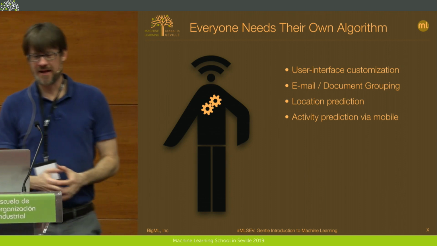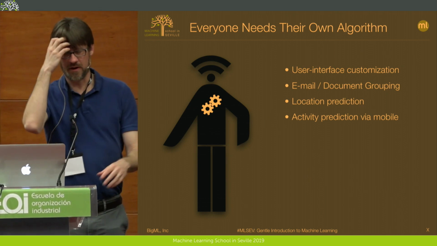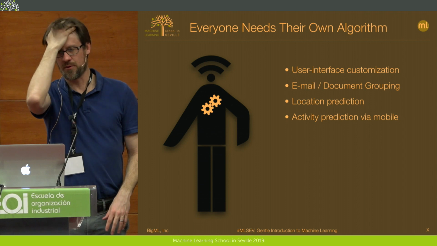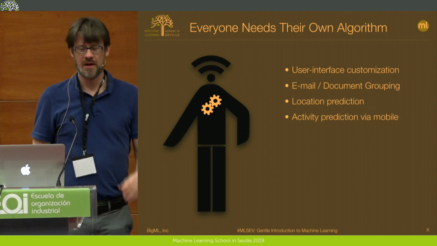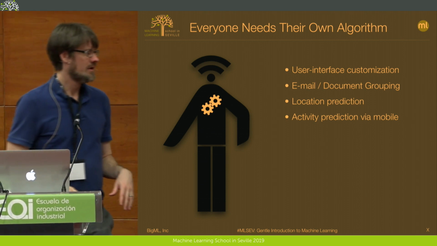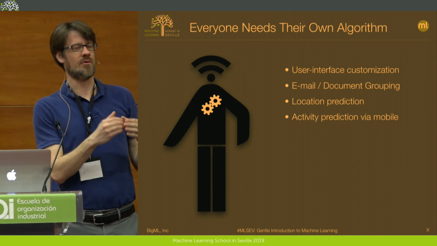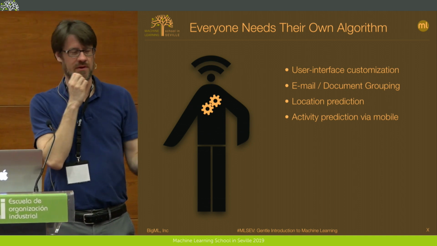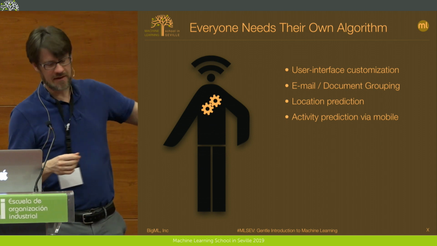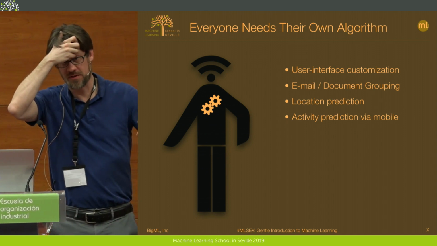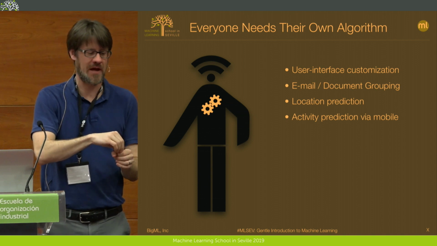And then the last little part here, kind of where the programmer tends to be inadequate, is where everyone needs their own algorithm. So if we're doing something like using machine learning to customize a user interface, we're trying to predict what you might do next in the user interface. A lot of times the model you have to build to do something like that is customer dependent, right?